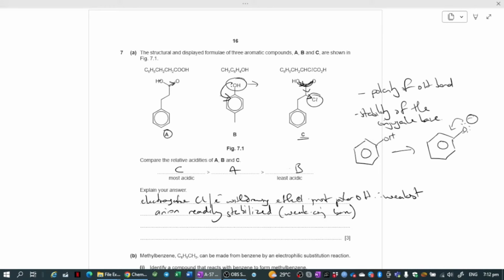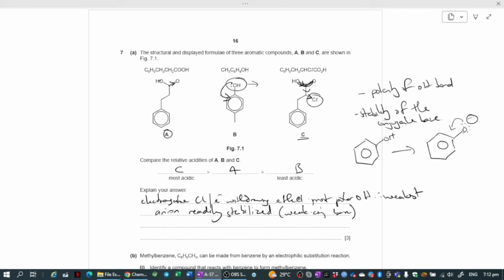So again, in summary, you always explain your response with relative acidities in terms of these two things: the polarity of the OH bond and the stability of the conjugate base. In C, you have that electronegative chlorine. It's electron withdrawing. It polarizes the OH bond. It's the weakest bond. And the anion is stabilized due to conjugation within the carboxylate system.